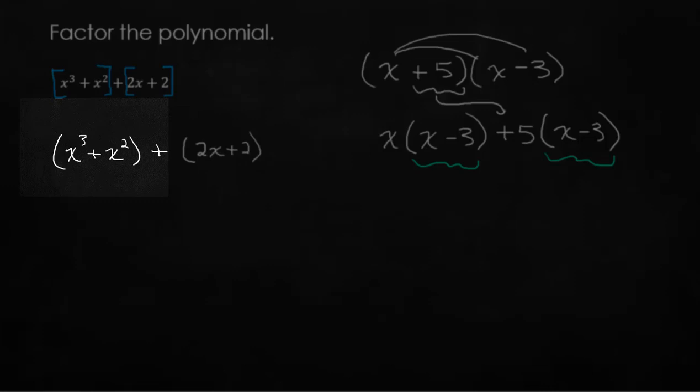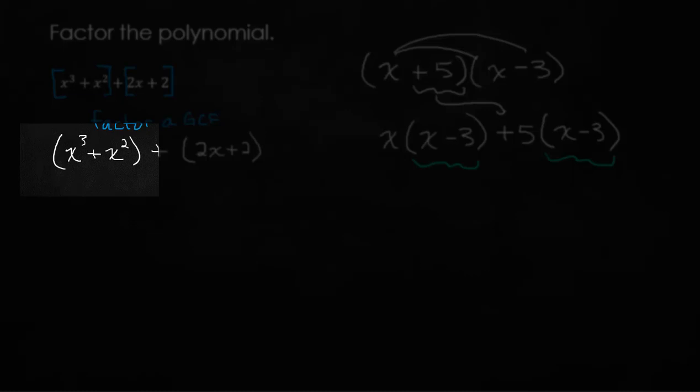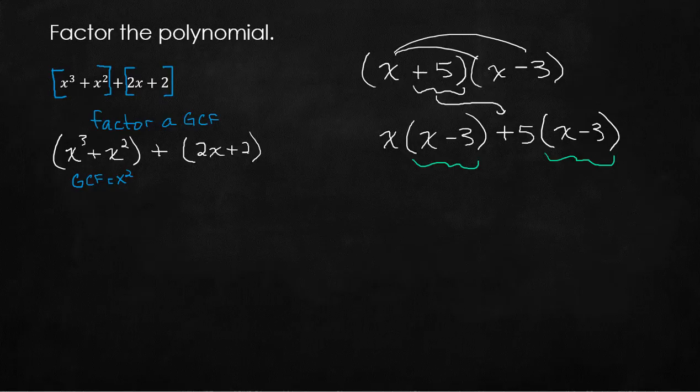So now in this first set here where we have x cubed plus x squared, I'm going to factor out a GCF. Now the GCF is only what's in common in this group. So for this group, the GCF is x squared.